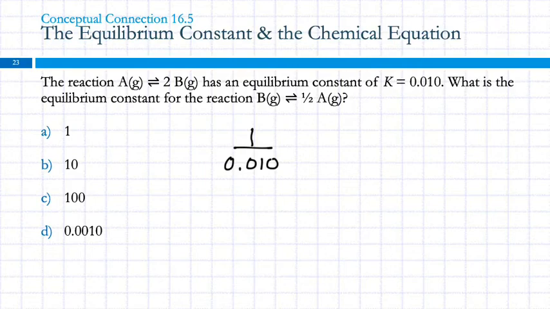If we multiply it by 1/2, then we raise the K to the 1/2 power. Because this is 1 over 100th, so that's 100 to the 1/2 power, and that's 10.